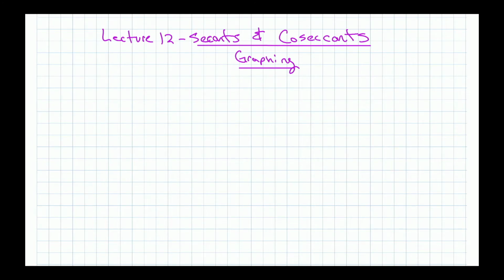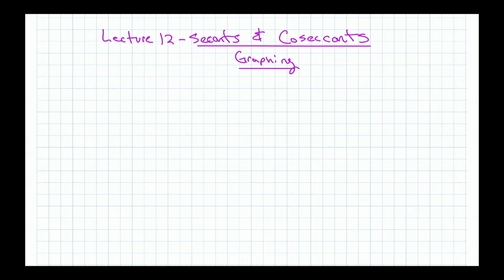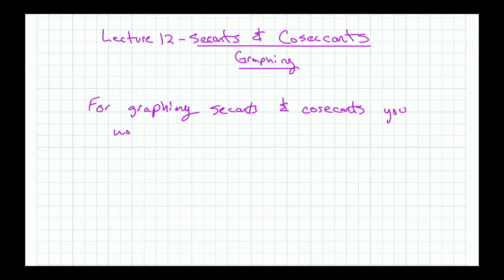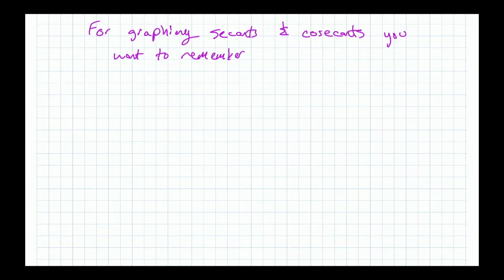So here's the idea. For graphing secants, and I said tangents, but I meant cosecants, you want to remember this. You want to remember that the secant of x is simply 1 over the cosine of x.